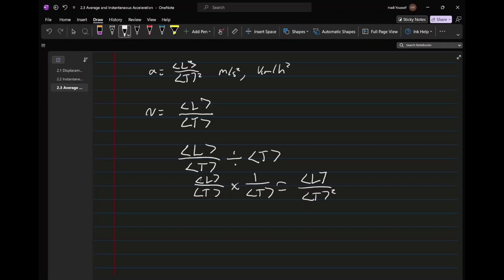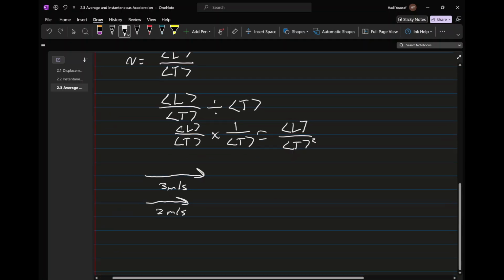So, for example, velocity could be going from, say I'm walking at a speed of 3 meters per second, I can go down to 2 meters per second. And let's say this were to take 5 seconds.